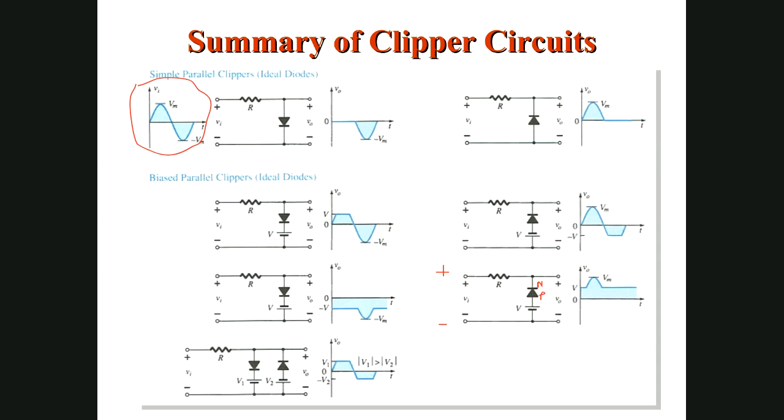Now your input is not fixed. It is starting from 0. It is going till Vm. So for example, let us take this is the point when it is V. Till the time your input is less than V, your diode is forward biased because this battery is stronger.